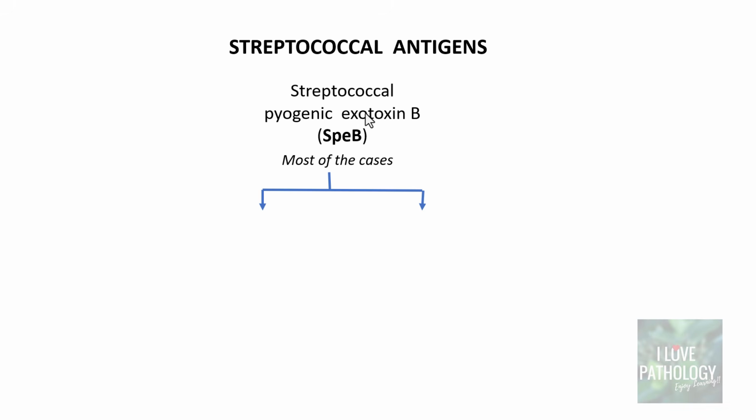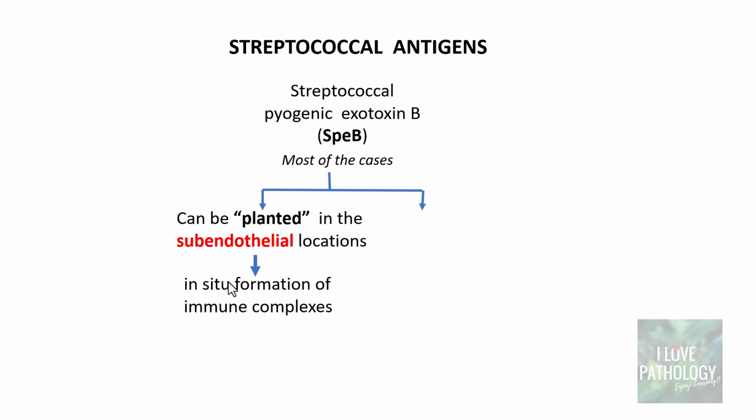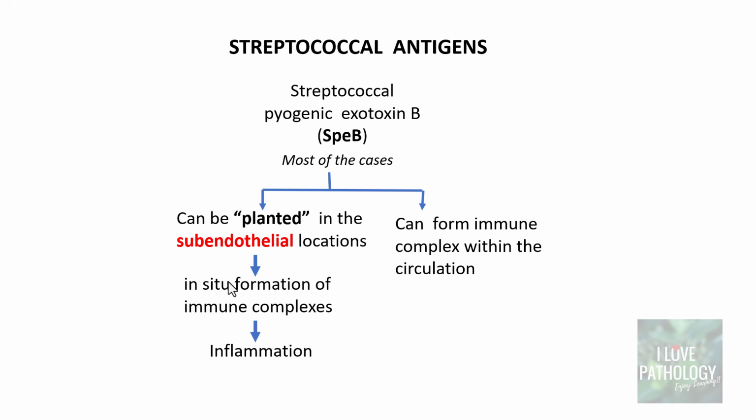Now, once you know the antigen, we should understand that this antigen can be planted, it can go and sit in the subendothelial location. There, immune complexes are formed, and that is in situ formation of immune complexes. And we know that once the immune complexes are formed, they result in inflammation. The antigen can also form immune complexes within the circulation, and then they circulate all over and are trapped.